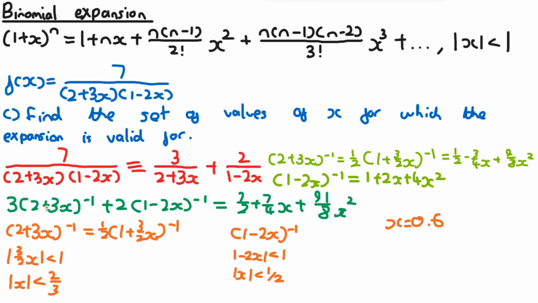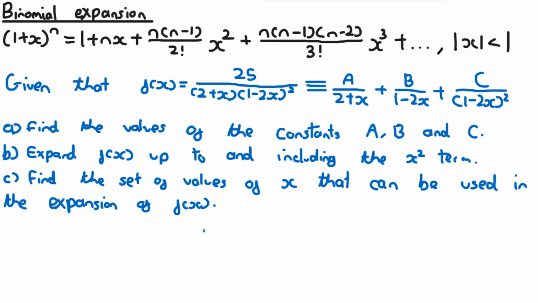Because this expression is made up of both of these brackets, for the expression as a whole, you couldn't sub in this value, it doesn't work. We have to pick the smallest set of values, so the modulus of x is less than a half, so therefore it is contained within both the set of values and both of the brackets are satisfied, so therefore the whole expression is satisfied.